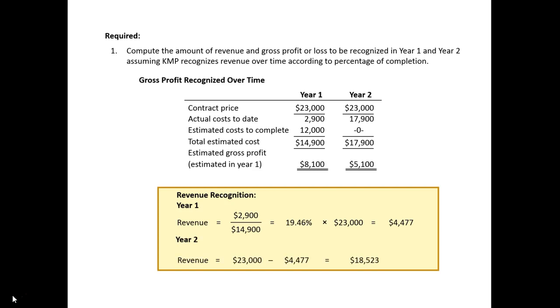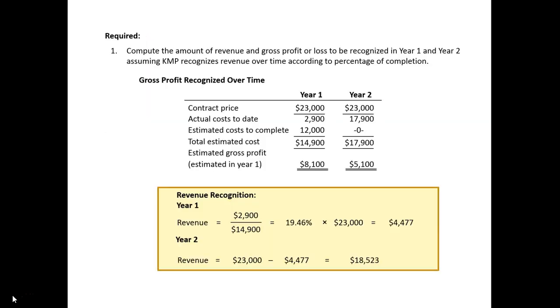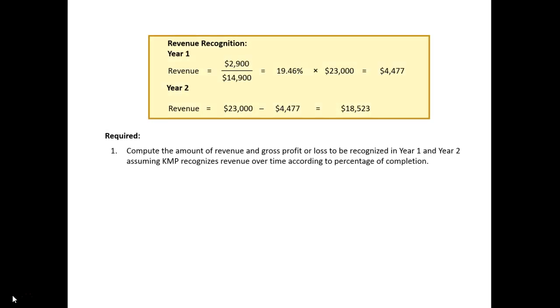In year 2, we would show revenue. This is how much we would show for revenue over time. In year 2, the revenue over time would be the $23,000 minus the revenue we showed in year 1 for the $18,523.